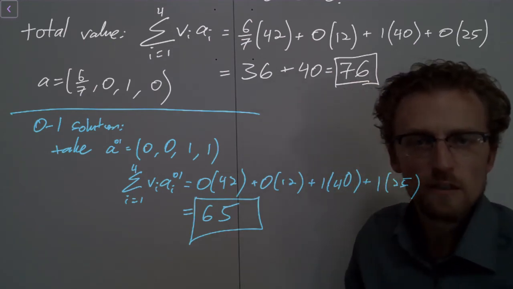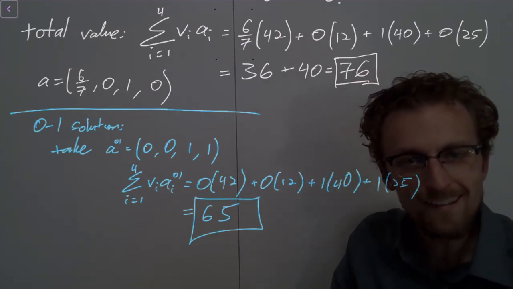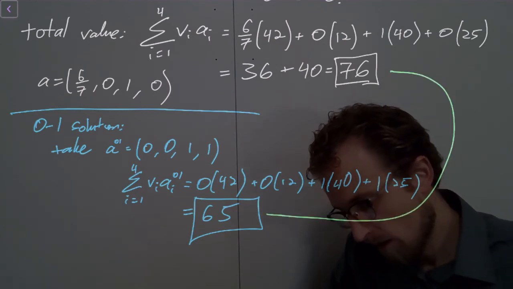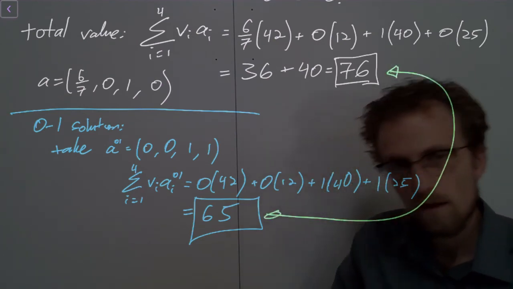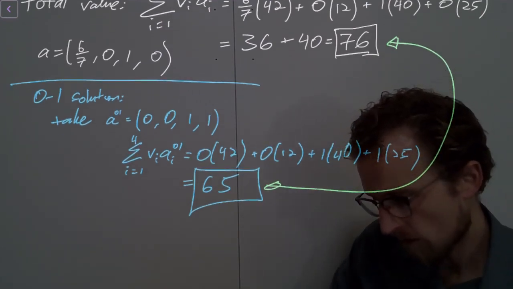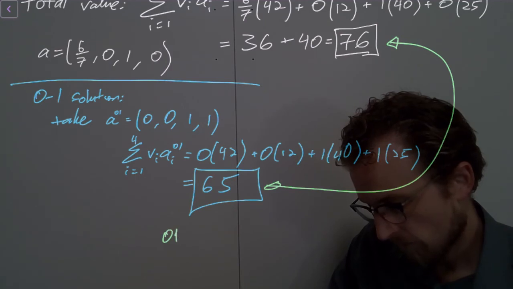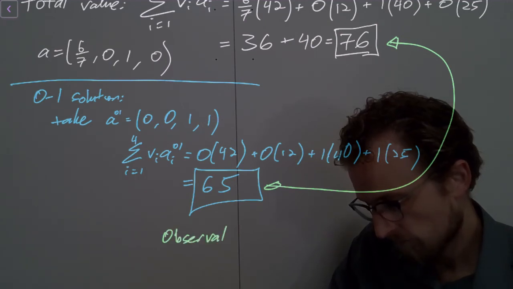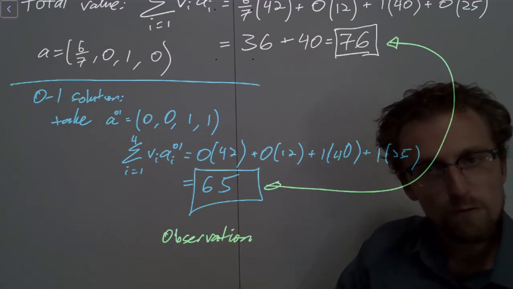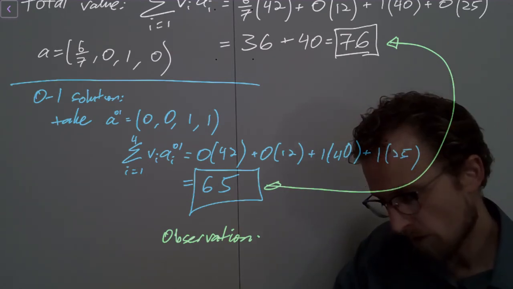So let's just ask ourselves for a second, why did we do better in the fractional knapsack than in the 0-1 knapsack? Right? So here's our observation. Right, for the same problem, all the same numbers, the fractional knapsack outperformed the 0-1 knapsack.